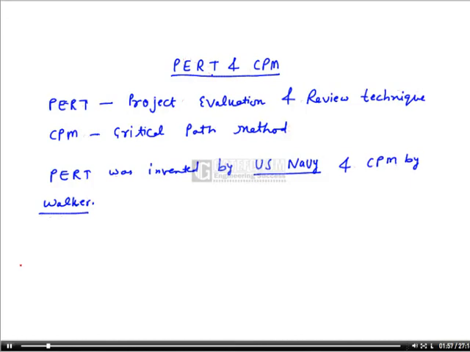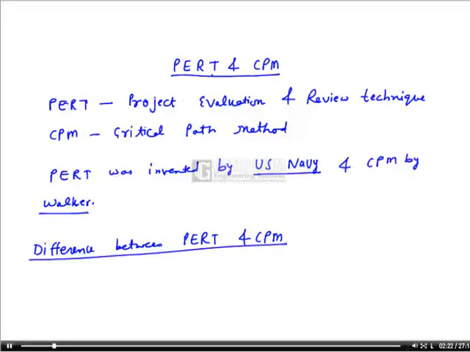So first we will take PERT and then we will see CPM. Before that, let us see what are the differences between PERT and CPM, and then we will take PERT first, then CPM.